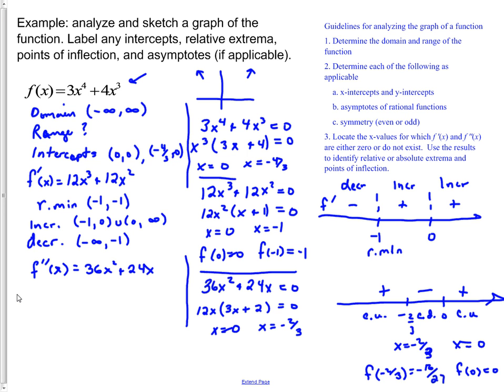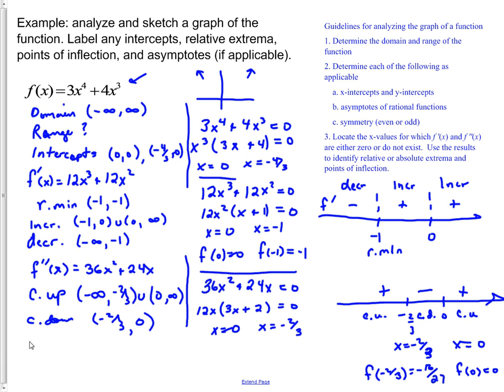And our intervals of concavity: we have concave up shape from negative infinity to negative 2/3, and from 0 to infinity. We have concave down on a very limited interval from negative 2/3 to 0.